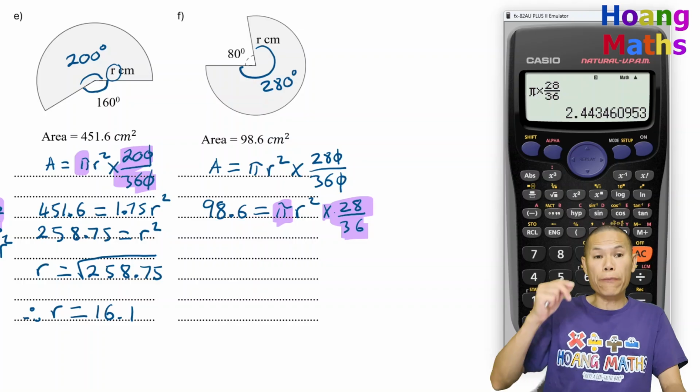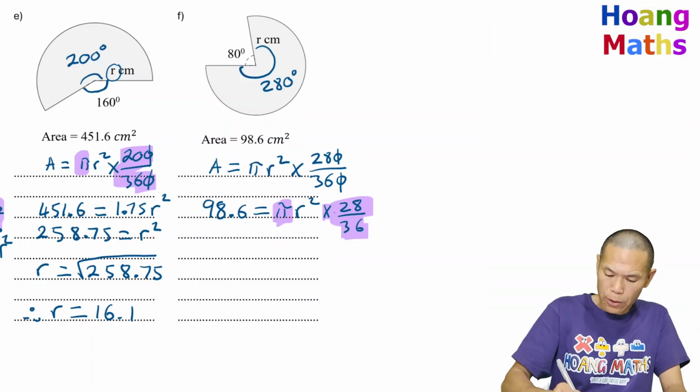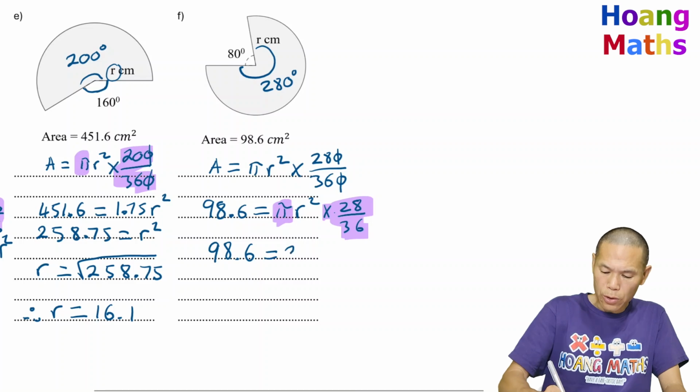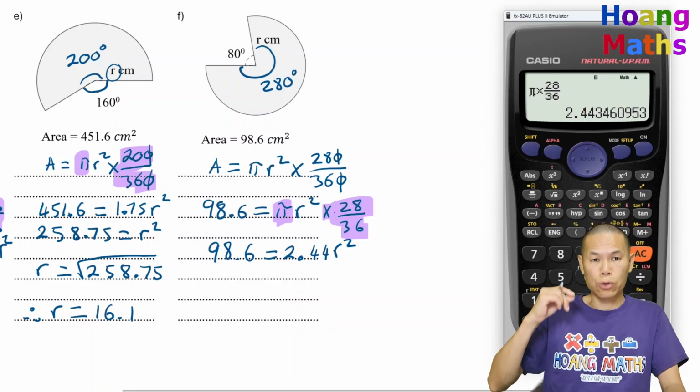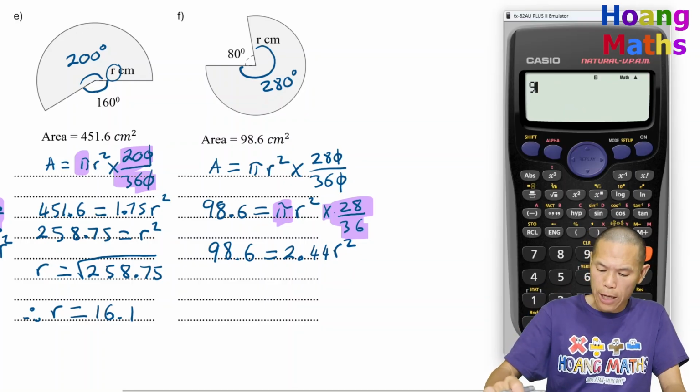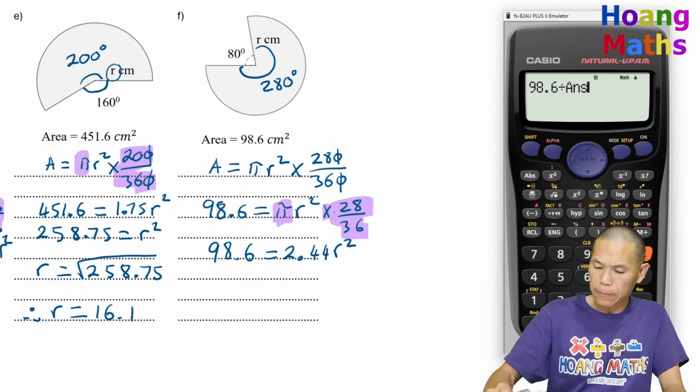So 2.44 for now. So 98.6 is equal to 2.44 r squared. So now I divide both sides by 2.44. So just go 98.6 and I divide by the answer.